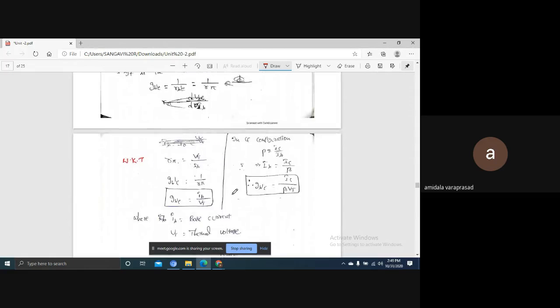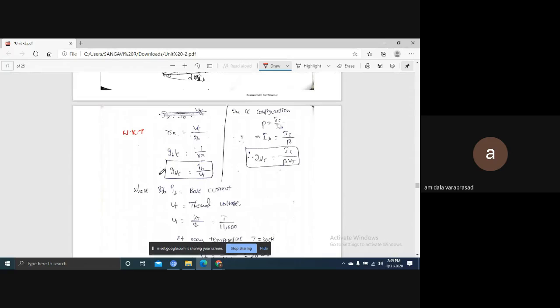For CE configuration, beta is equal to IC by IB, so in place of IB I can write IC by beta. In the denominator VT is already there. This is about G dash.